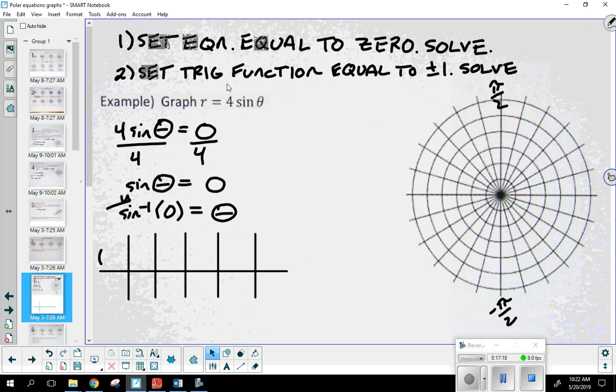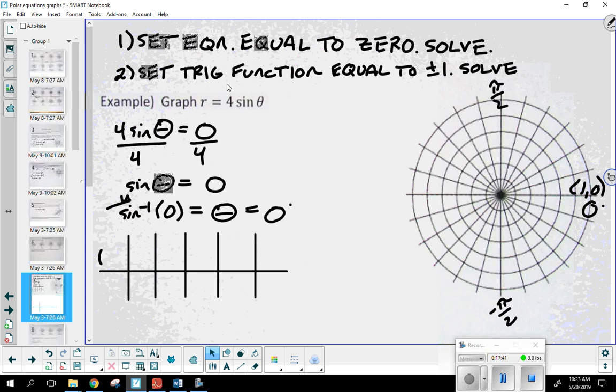Okay, so what's the degree measure at that location? 0. Okay, so we can go ahead and say 0 degrees or 0 radians. Okay, because at that location, remember you have the coordinate 1, 0. Remember, sine is the y value, cosine is the x value. Okay. All right, so that first one's done. We know that it's got to be 0 when I set the equation equal to 0.